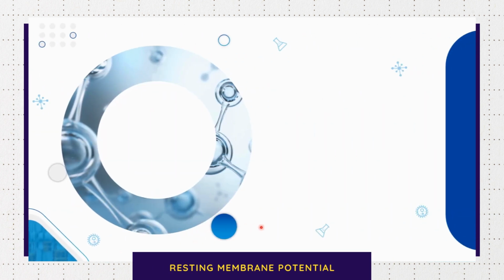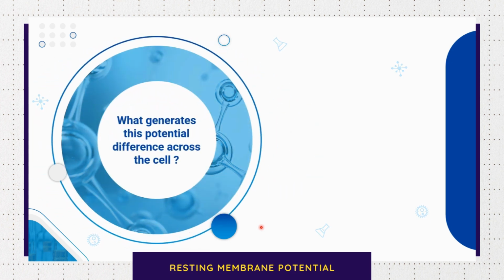So how is it that cells develop a resting membrane potential across their membrane? Well, there are two things. One is a difference in relative distribution of ions across the membrane. That means the number of ions present inside the membrane is different from the number of ions present outside the membrane.